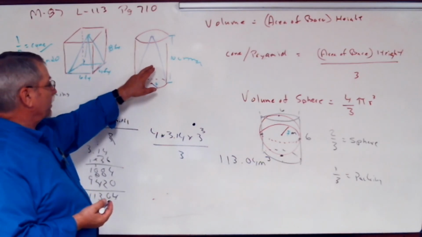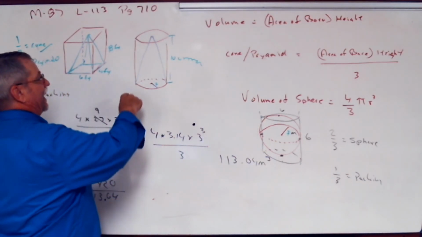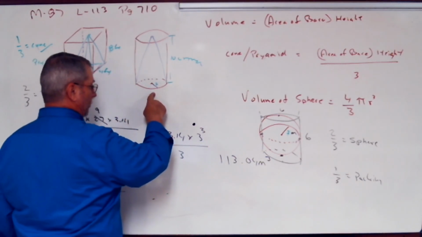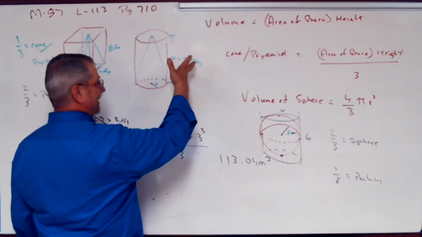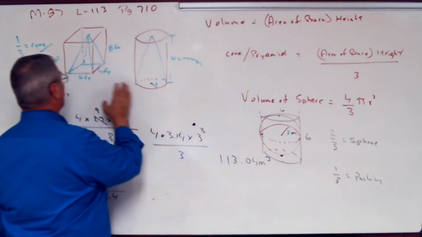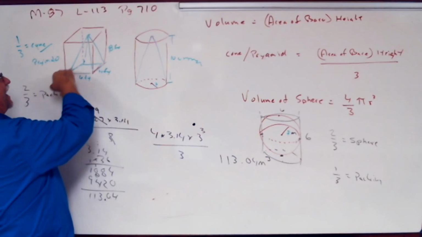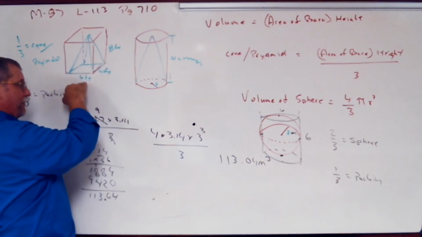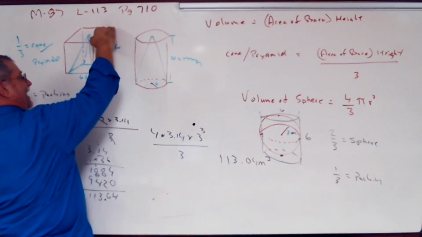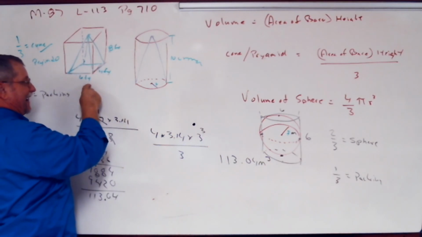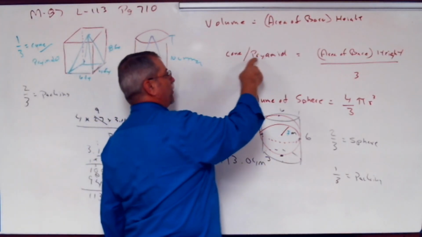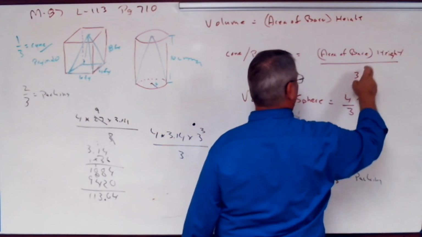For a cone, you find the area of the base, that's a circle, times the height divided by 3. For a pyramid, you do the area of the base, whatever shape it is, times the height. That answer divided by 3. Cone or pyramid, area of the base times height divided by 3.